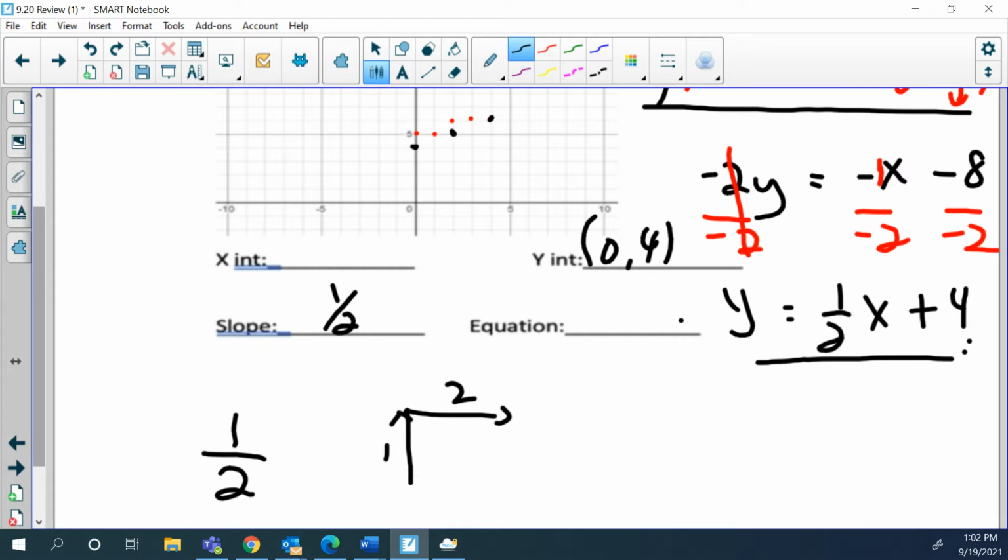So instead of going up 1, I'm going down 1. And instead of going to the right 2, I'm going to the left 2. I need to go in the opposite direction. So let's go back here now. I'm going down 1 and to the left 2. 1, 2. Okay. So here we go. I'm going down 1 and over 2. 1, 2.